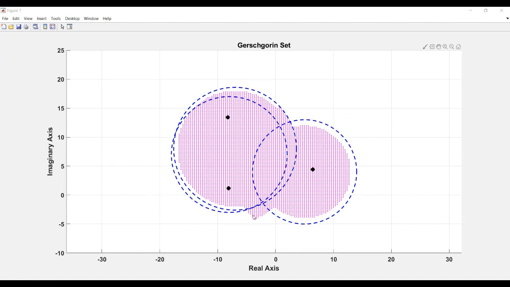But notice down here, the blue discs, the set that represents the Gershgorin set for the similar matrix, does not include this region down here. So we could actually eliminate this region. And so we would reduce the size of the set by using the Gershgorin set for the similar matrix and intersecting that. So doing the similar matrices and finding their Gershgorin sets can help us reduce our set that includes eigenvalues.